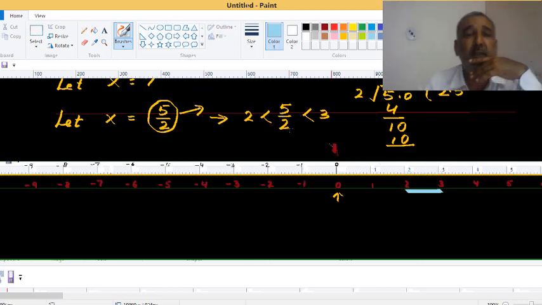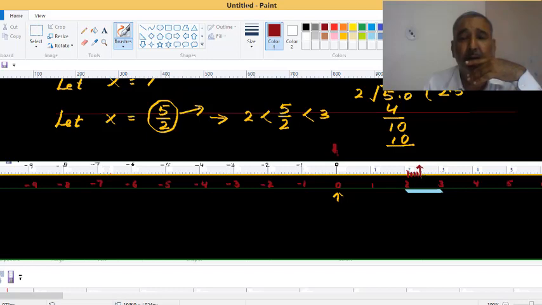Then I have to locate, this is 2.1, here 2.2, 3, 4, and this is 5. So locate this point.